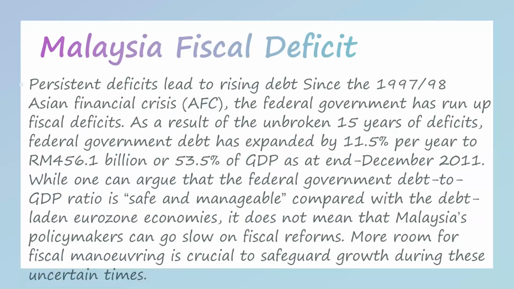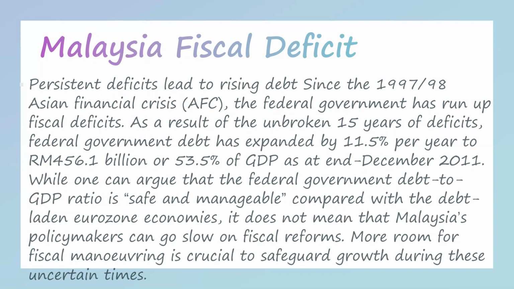Okay, next I will introduce Malaysia's fiscal deficits. Persistent deficits have led to rising debt since the 1997 and 1998 Asian financial crisis. The federal government has run up fiscal deficits for an unbroken 15 years.